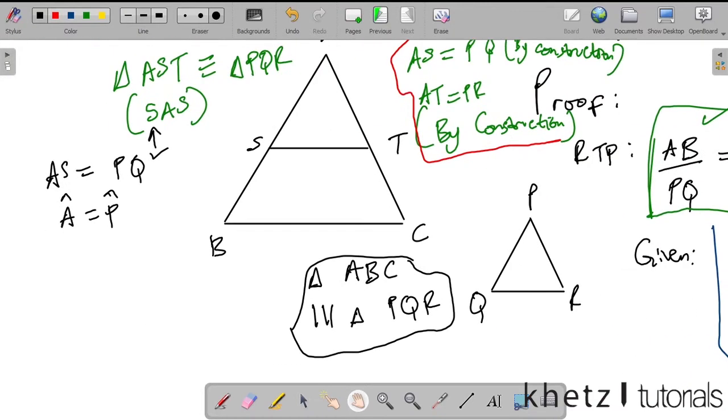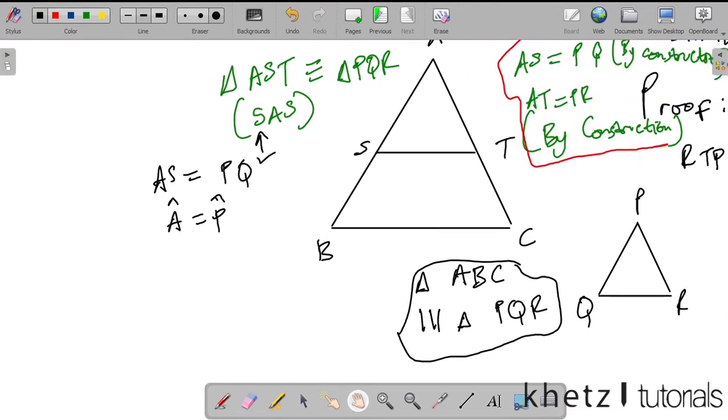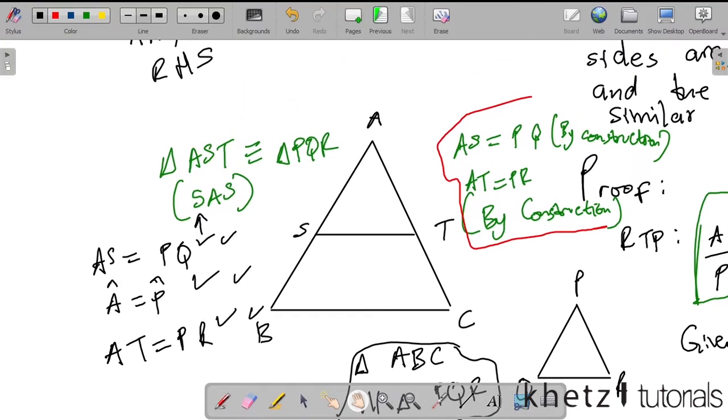We're given A is equal to P, and we constructed AT to be equal to PR. That was by construction. So that covers side, angle, side. And therefore, these two are congruent. That is the statement which we made up here.